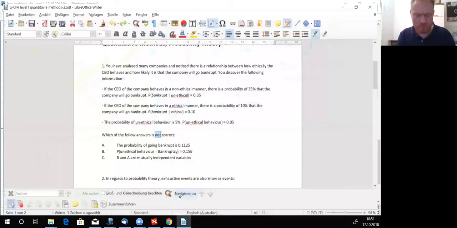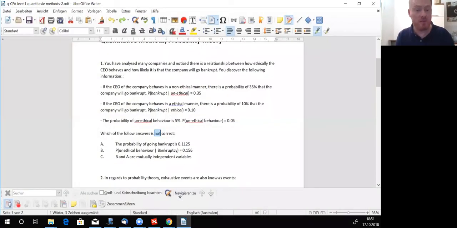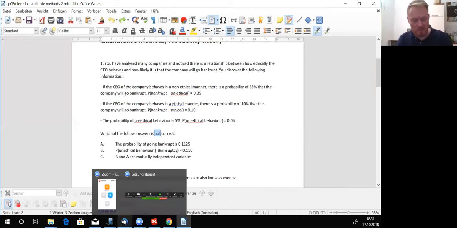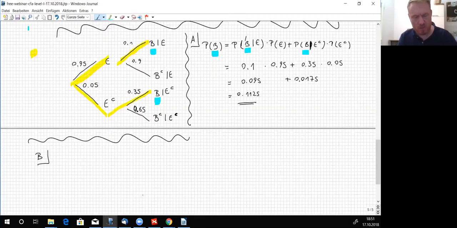The question was unethical behavior happening first, so E complement happening first, given that bankruptcy happened before. Probability of EC if B happened before.